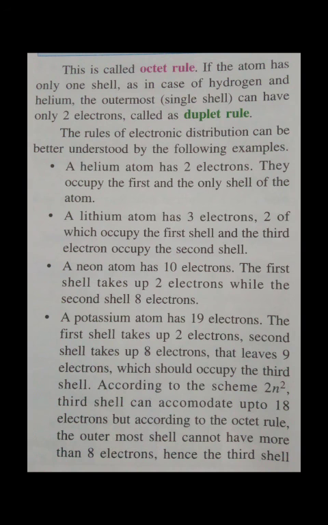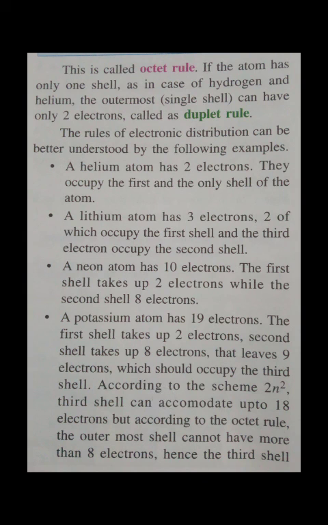A potassium atom has 19 electrons. So 2 electrons will go to the first shell. How many remaining? 17. 8 will go to the second shell. How many remaining? 9. Now the third shell can accommodate 18 electrons, but it is the last shell, and the last shell, according to the octet rule, should not contain more than 8 electrons. So in total we have 9 electrons.